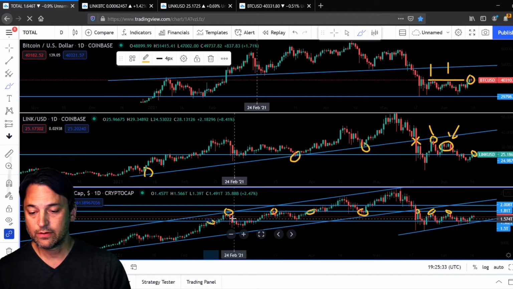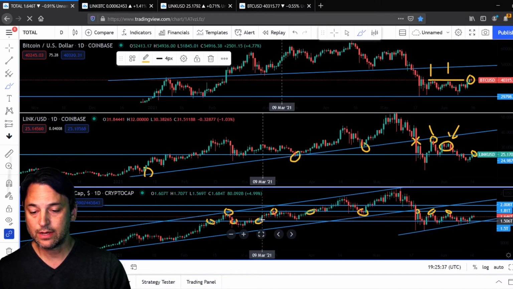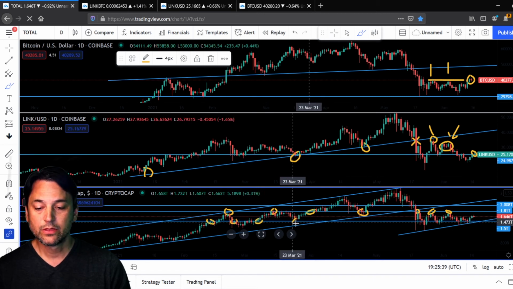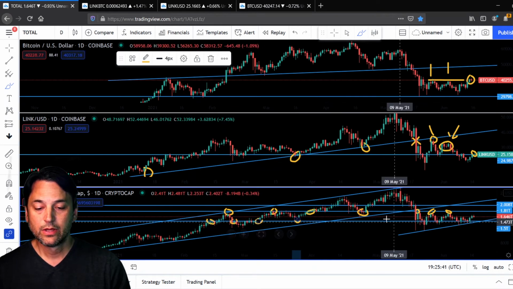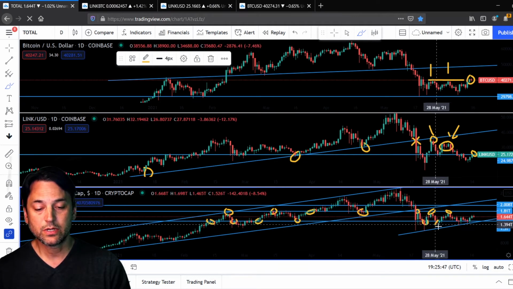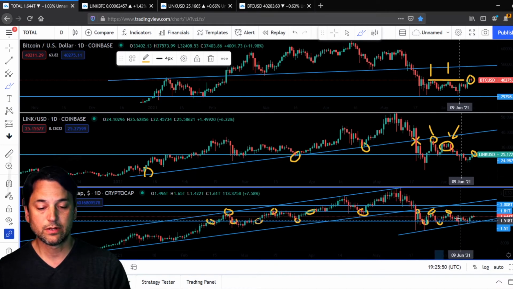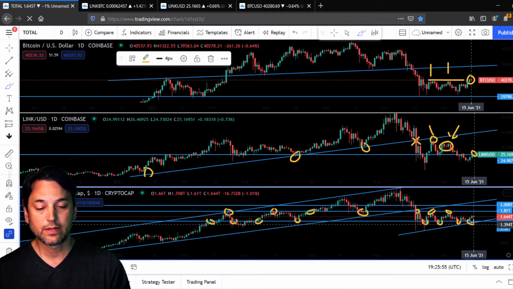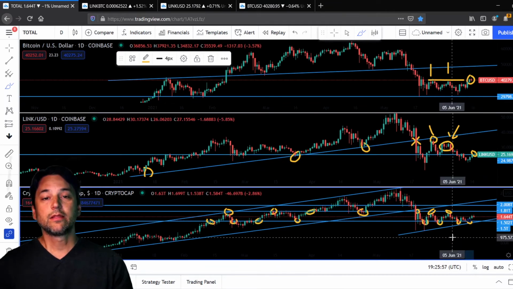Again, I covered this in a previous video, but just real quickly here, I'm going to show you how many times the total market value of cryptos has bounced between $1.8 trillion and $1.5 trillion. It just keeps bouncing and bouncing and bouncing in that range.